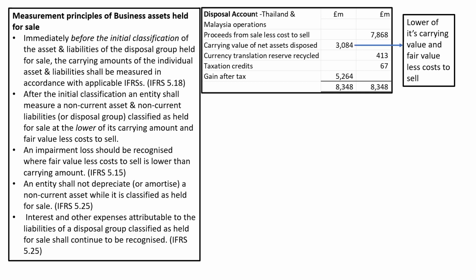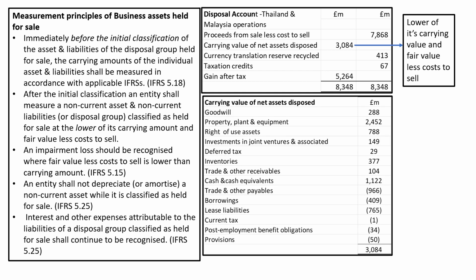That 3084 is the lower of its carrying value and fair value less cost to sell. Provided here again are the details of the individual carrying value of the net assets disposed of, and what you have to note here is that total of all that is 3084.